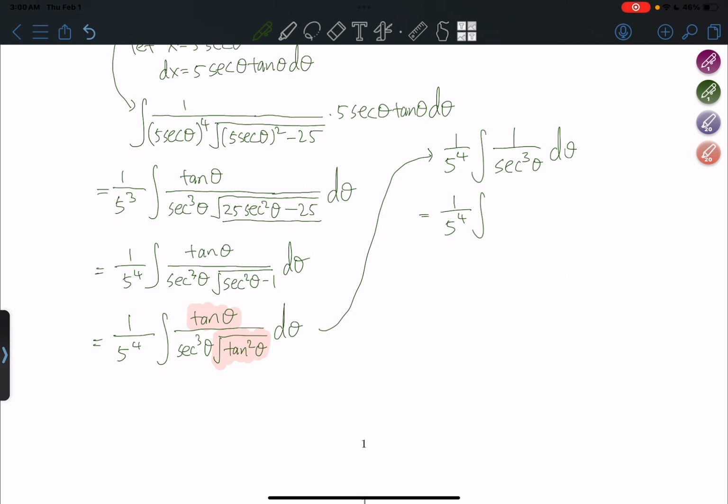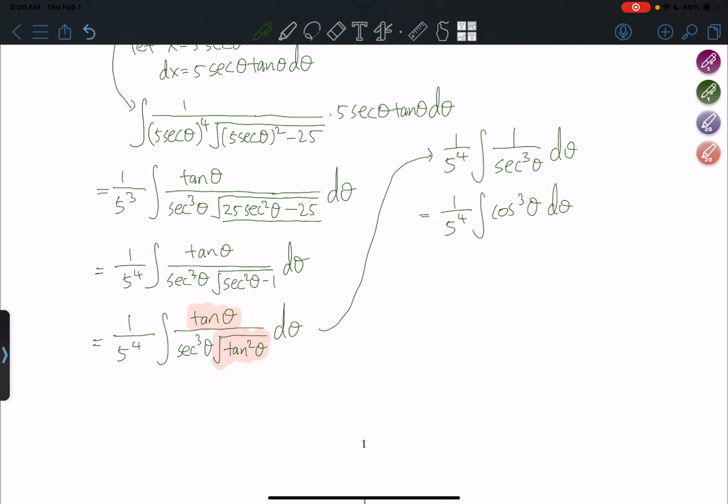Once you have seen a couple of basic identities, every time you have negative exponents, you can just revert that to a different trig function to get rid of that negative exponent. So 1 over secant cubed actually just becomes cosine cubed theta d theta.